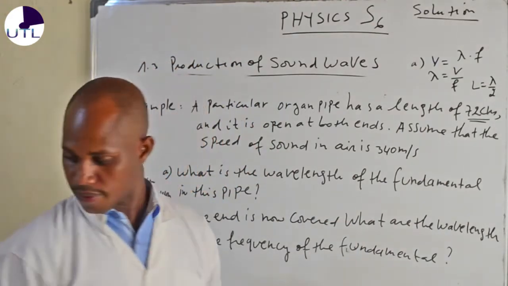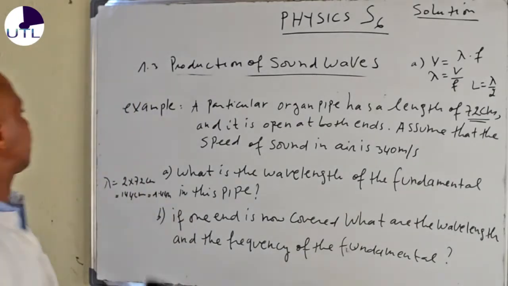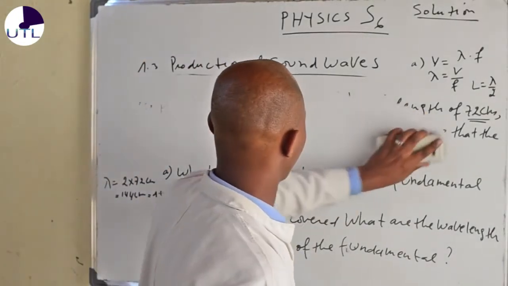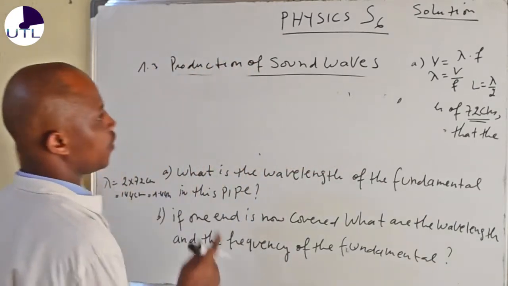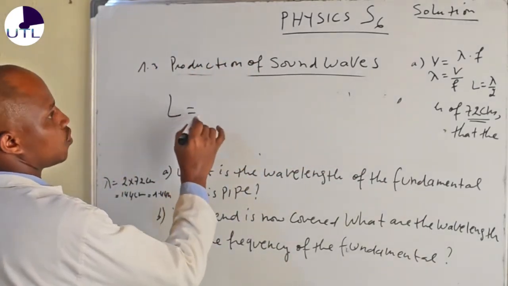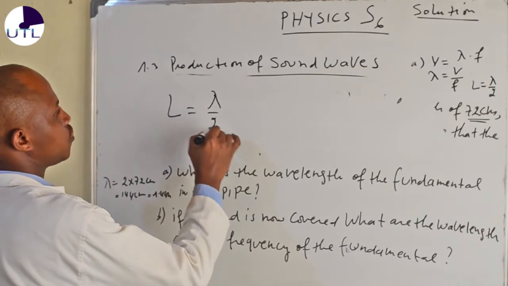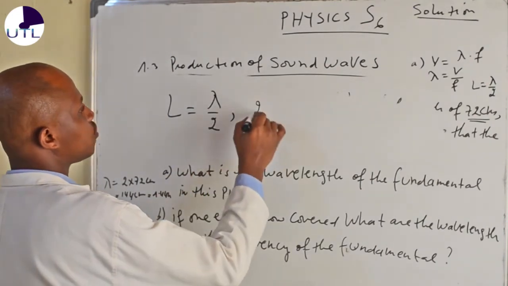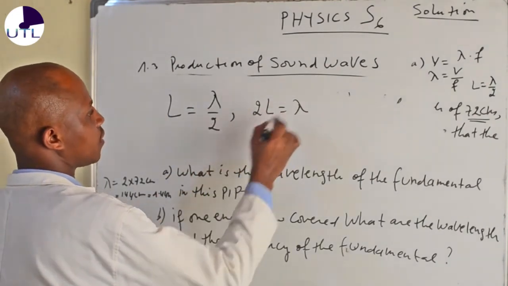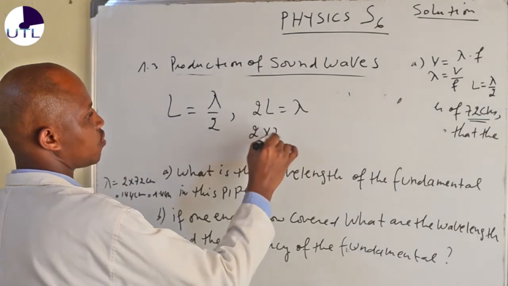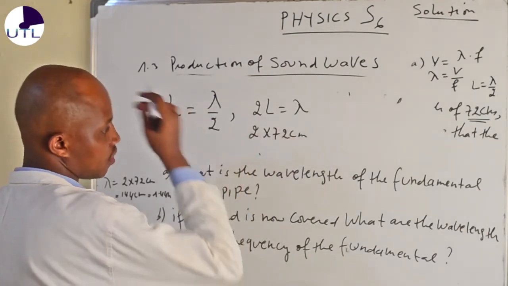So if the length is equal to wavelength divided by 2, cross multiplication, 2 times the length is equal to the wavelength. That is 2 times 72 centimeters.